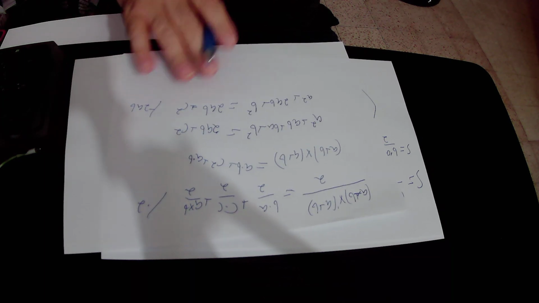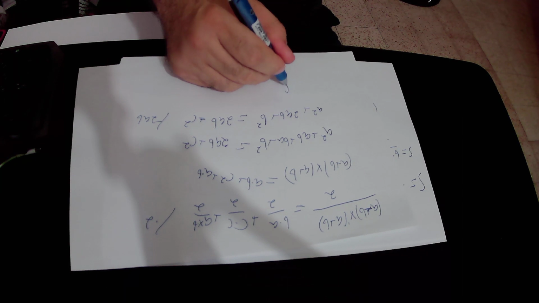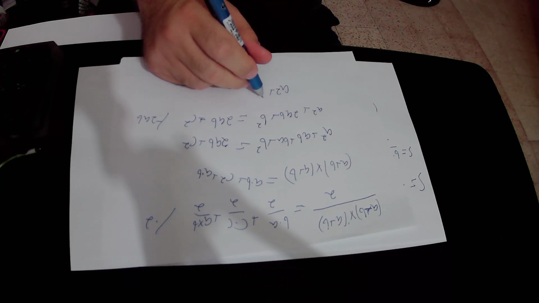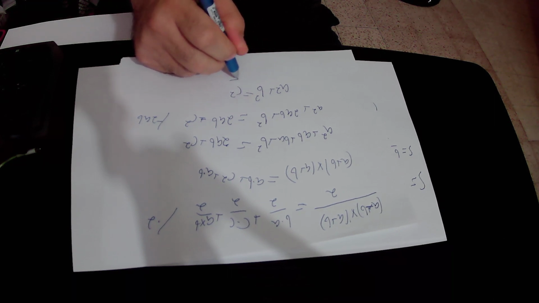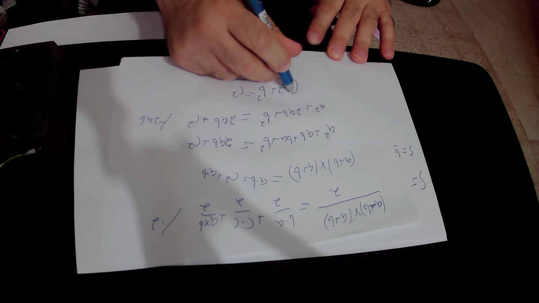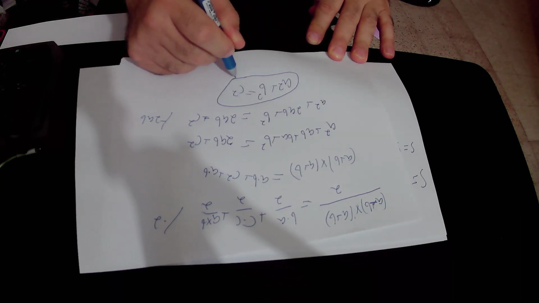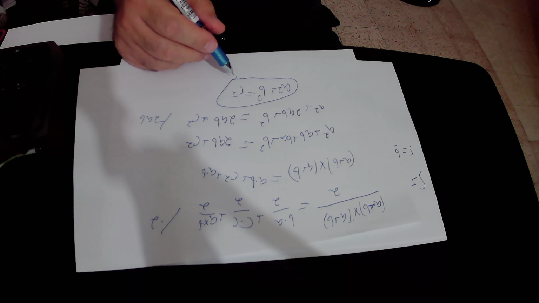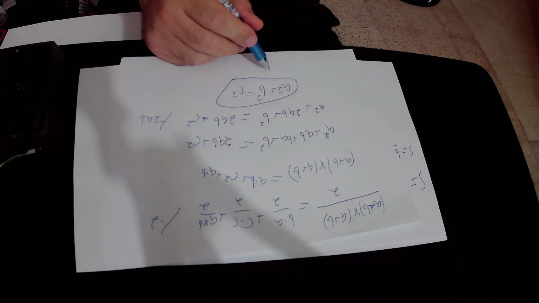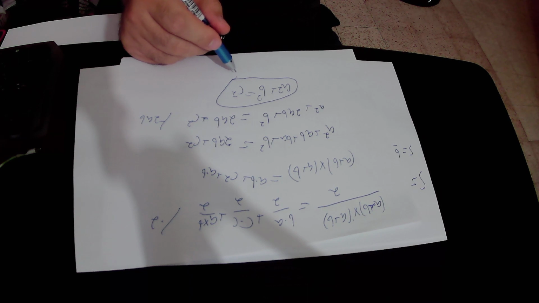Then we will get that A squared plus B squared equals C squared. And that is exactly what we needed to prove, that the square of the hypotenuse equals the sum of the squares of the perpendiculars. Okay, A squared plus B squared equals C squared.